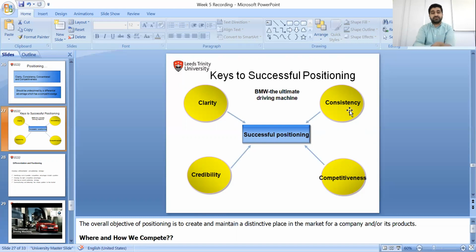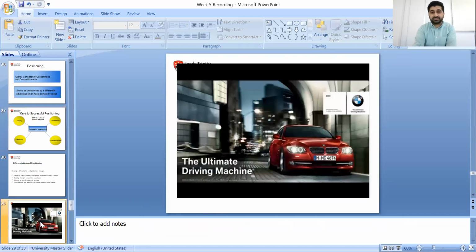In the next slide, there is an ad which says "the ultimate driving machine." This is a positioning they are trying to create in customers' minds to get competitive advantage within the industry.